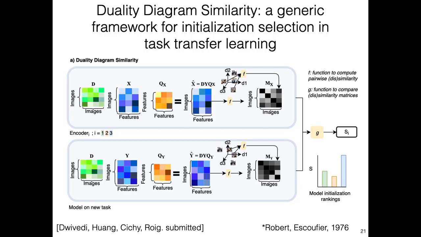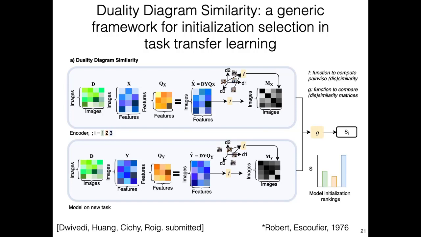So what we found is that we can pose this as a duality diagram similarity and use this as a generic framework for initialization selection in transfer learning, in task transfer learning. And as I will show, RSA is just a particular case of this duality diagram similarity.